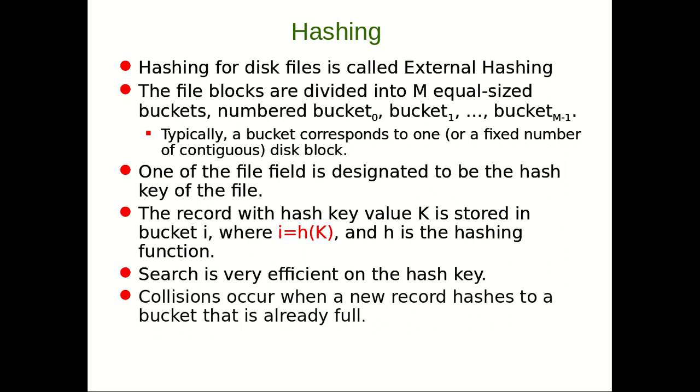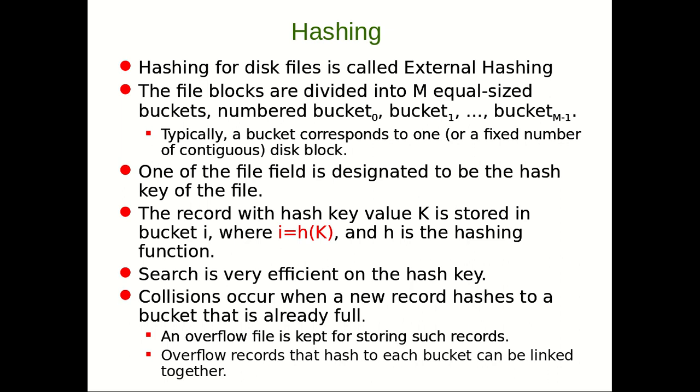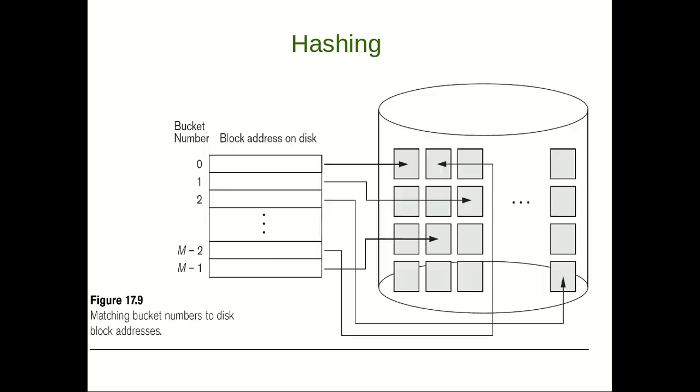If the bucket is full, then some additional techniques need to be employed. Hashing saves time because retrieval is easy, and adding is also easy provided there is no collision. An overflow file is kept for storing such records. Overflow records that hash to each bucket can be linked together.